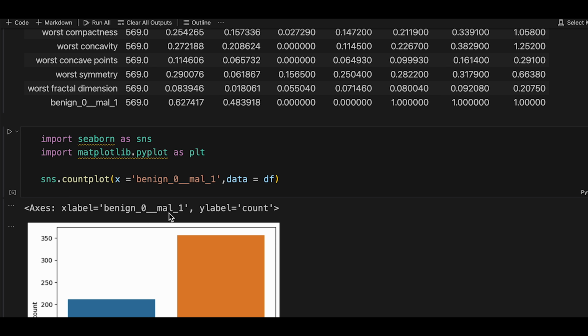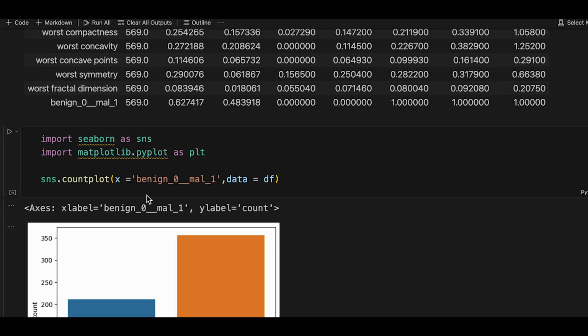Let's try to understand a little bit more about the data set. As I said, we have some input features, and finally the output column, which represents whether the patient is having cancer or not. Whenever we have such data, it is really important to know how balanced the data is. To know that, we can simply make a count plot on the output feature that we have.